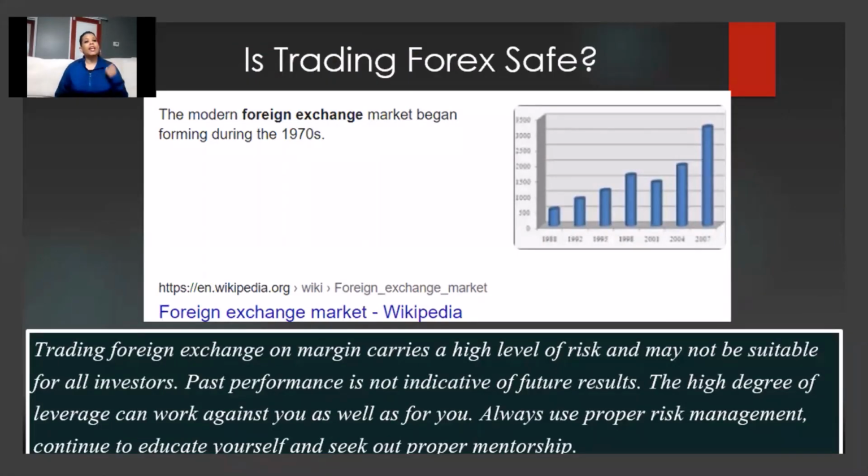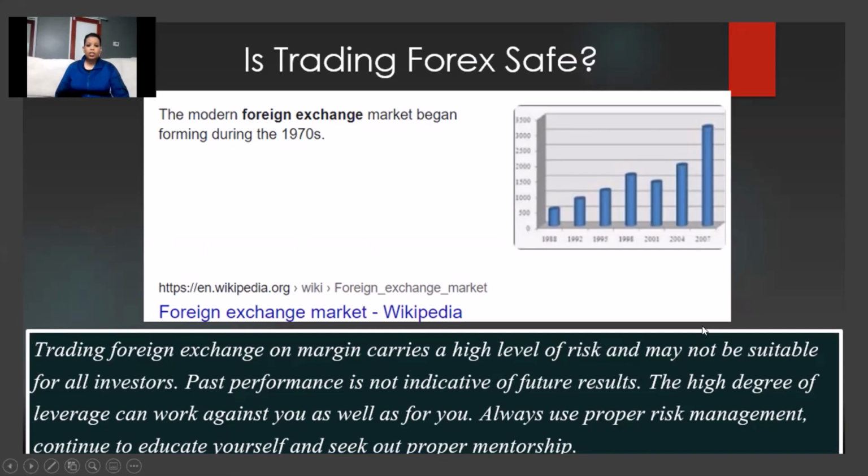Big question, is Forex safe? I will tell you like this. It's as safe as your risk management practices. That's the best advice I can tell you. Anytime that you are putting your money into any investment, there is a risk that you will lose your money. So make sure that you exercise proper risk management.